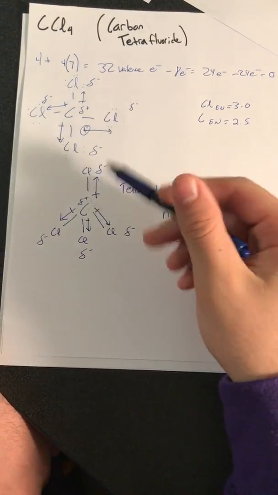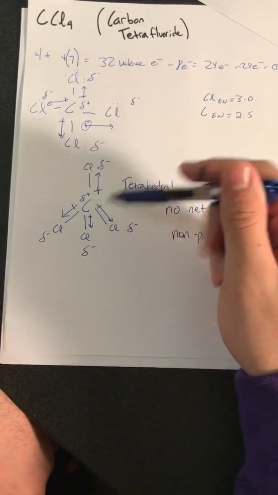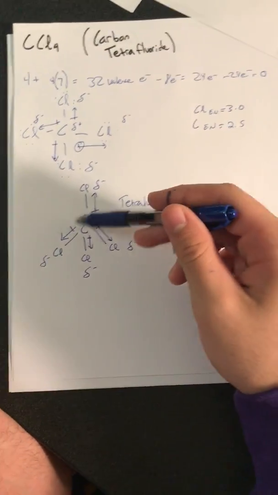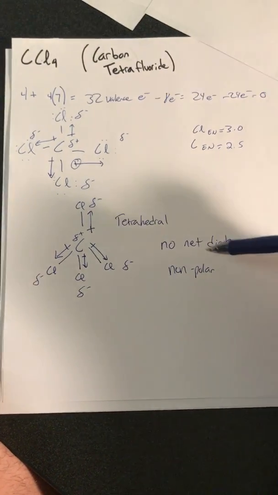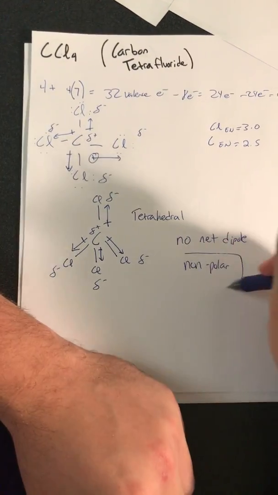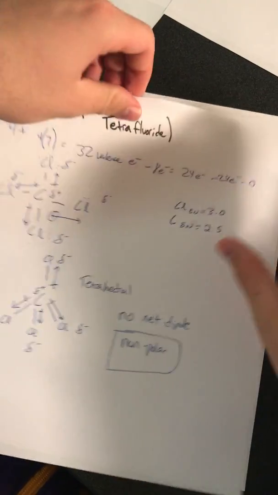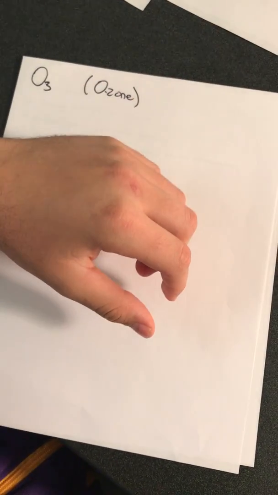Just to review, if the central atom has 4 identical domains, then there will be no net dipole and it will be non-polar.